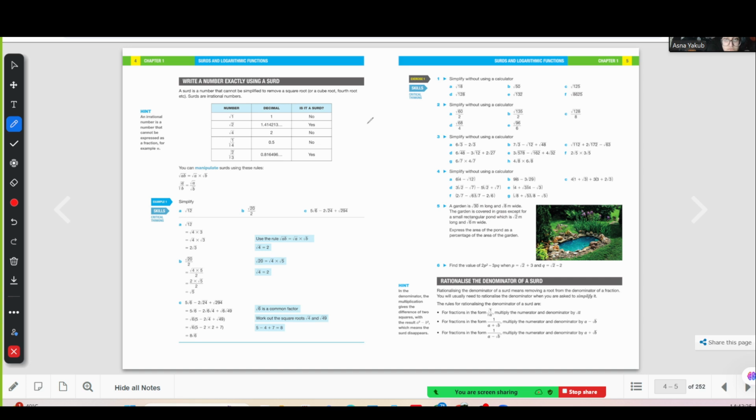Suppose we have square root of 128. Let's take this question. So 128 we can do factorization. Because this is an even number, we can divide it by 2. If we divide it by 2, how much will we get? 64. Again we divide it by 2. 32.